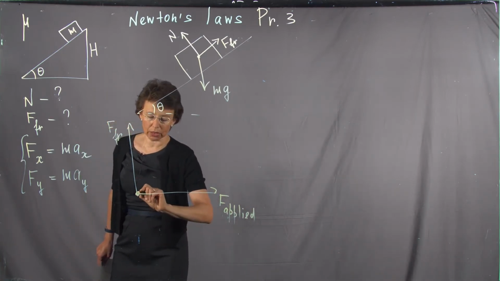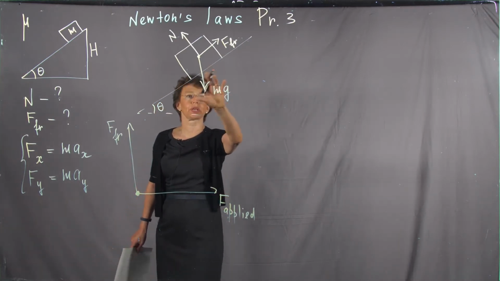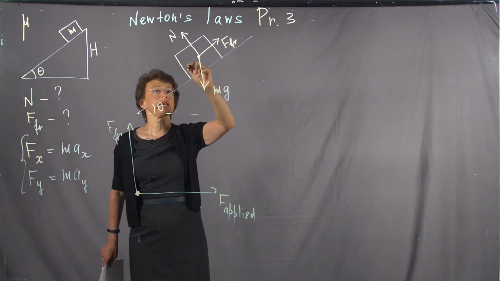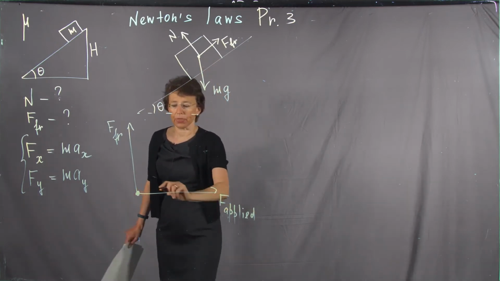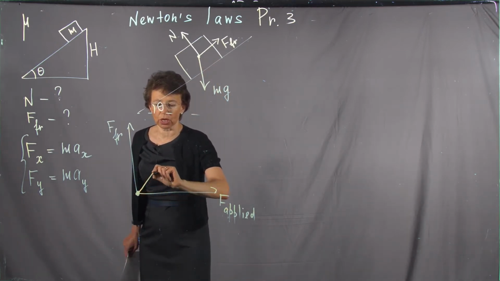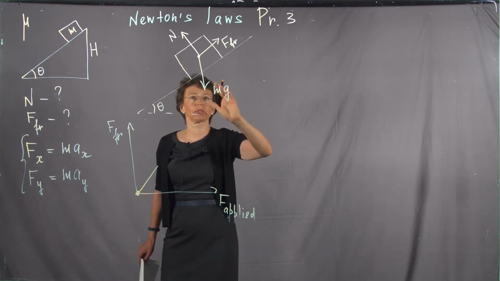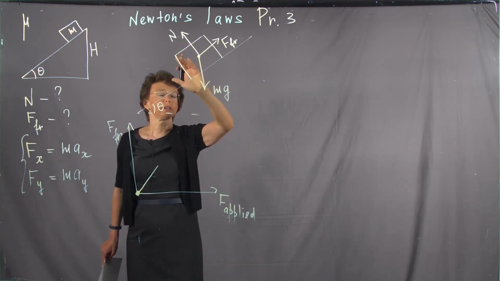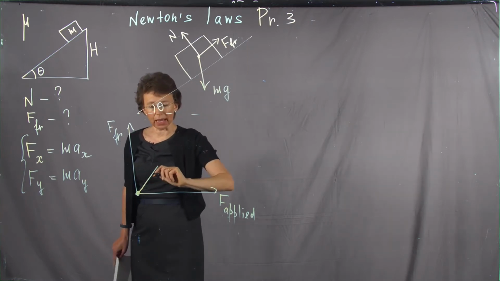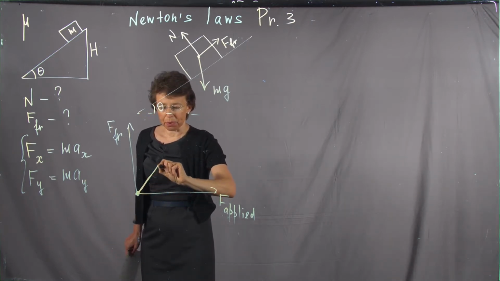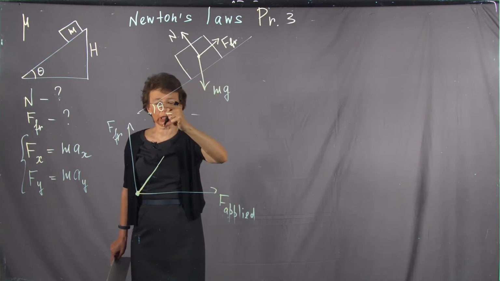So if there is no applied force, in this case, x projection of force of gravity is down. If there is none, then there is no force of friction. But so if it is on flat surface, nothing. But if I make it incline, then there is component of force of gravity along incline.